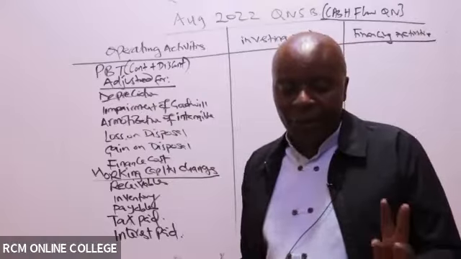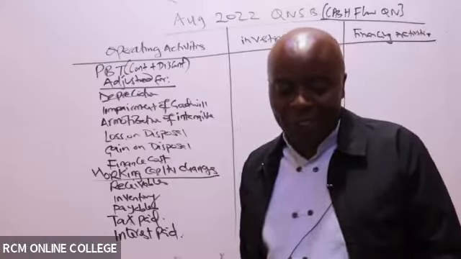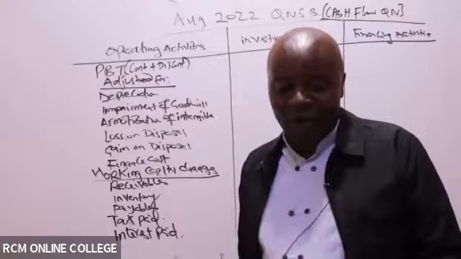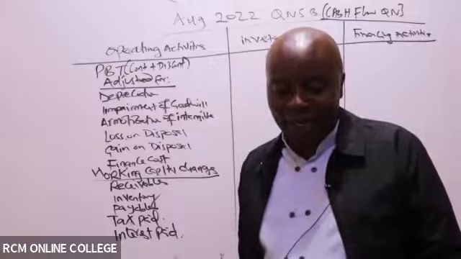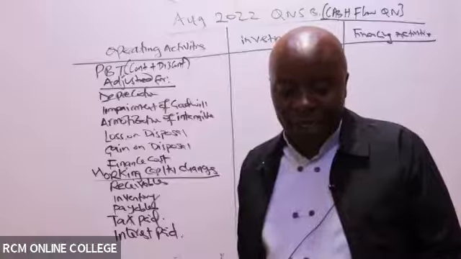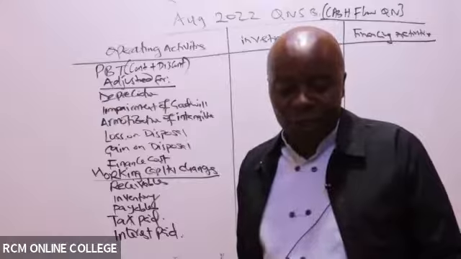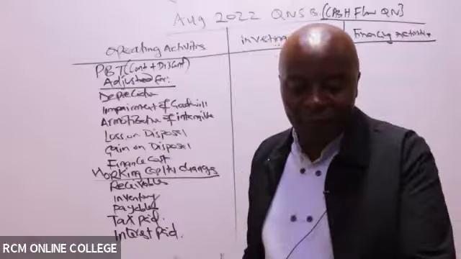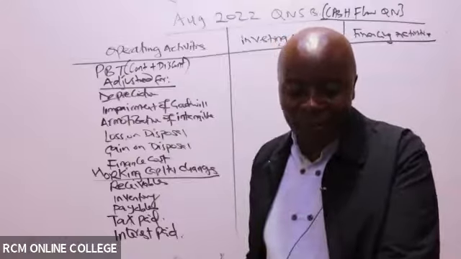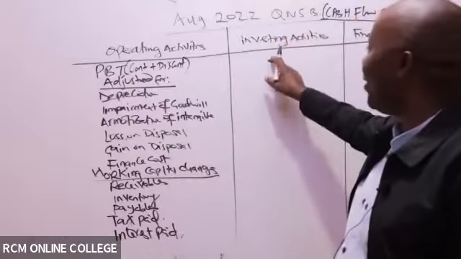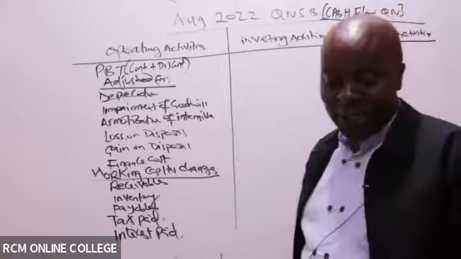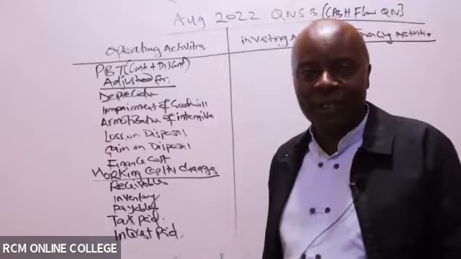W Limited purchased a 40% interest in an associate for cash on 1st April 2021, and the associate paid a dividend of 80 million in the year ended 31st March 2022. This I can even dispense off this particular account. I can even finish it. Under investing, now I've bought an associate.